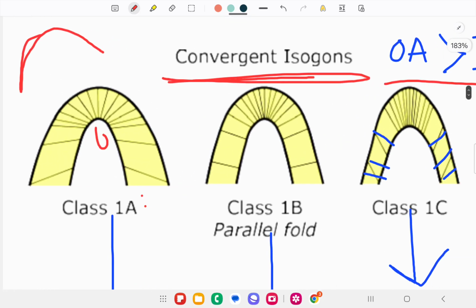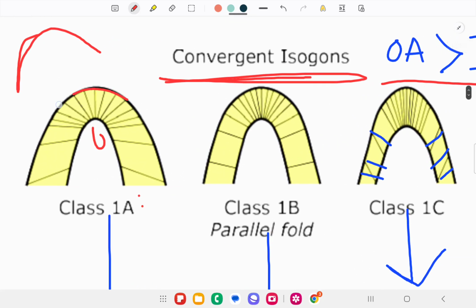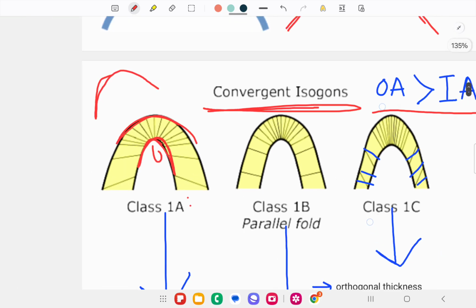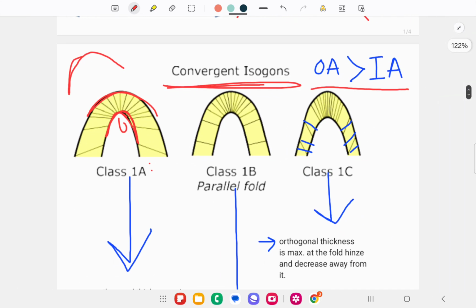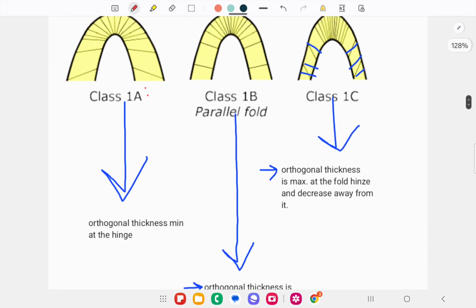Here we see the outer arc is greater than the inner arc. It means the wideness of the curve.